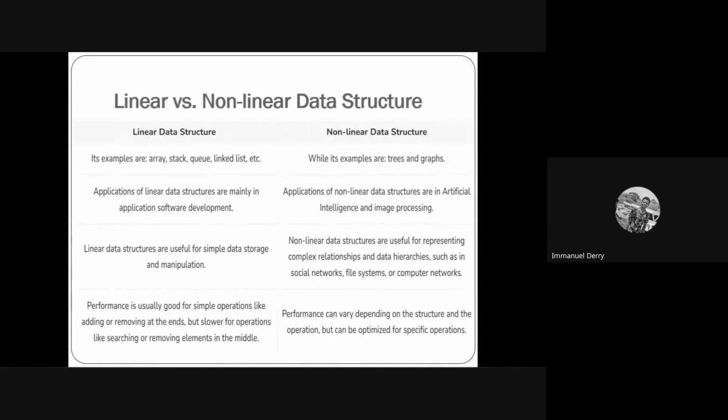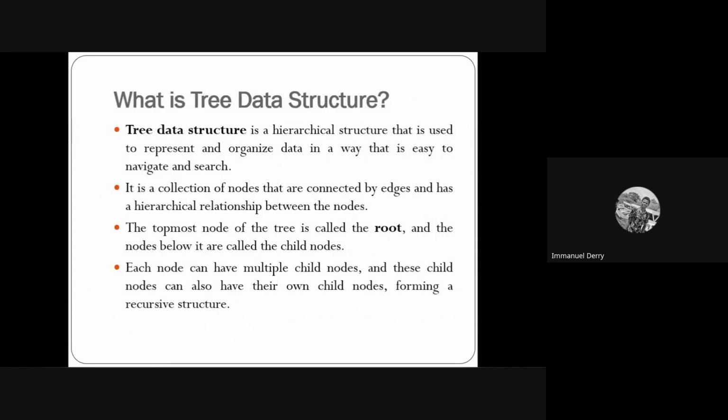But they are very slow for operations like searching and removing elements in the middle, because you need to traverse through the entire list. If there are 2,000 elements, you traverse before you get the position and then insert the value. However, with a non-linear data structure, performance can vary depending on the structure and the operation, but can be optimized for specific operations. So that is the comparison between linear and non-linear data structures.